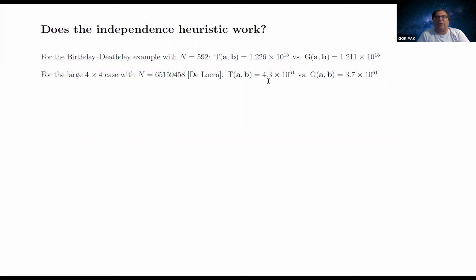I've tried a lot of other examples. This independence heuristic seemed to work. Part of the reason it seemed to work is because there's only so far we can compute the number of contingency tables precisely, and those cases tend to be small, and independence heuristics tend to work fairly well for small examples.